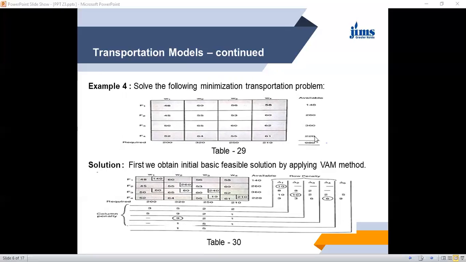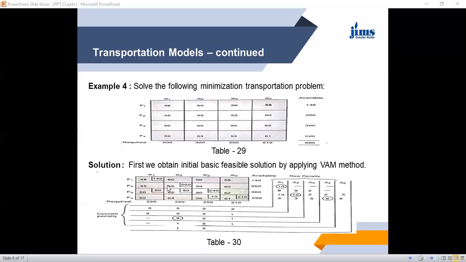Now we first obtain the initial basic feasible solution by applying Vogel's approximation method, VAM. So what we do, we find for each row and each column the difference between the least and next to least cost. That is the opportunity cost or the penalty.